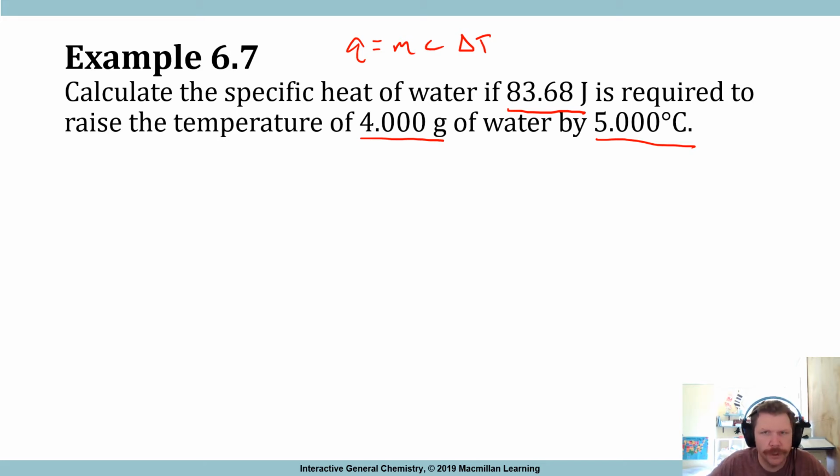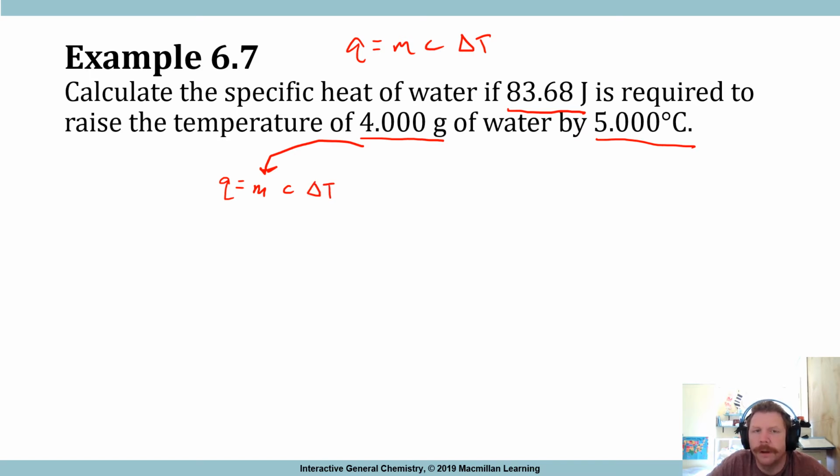The way I would recommend doing it is to look at the equation and say Q is equal to a mass, M, a specific heat, C, delta T.